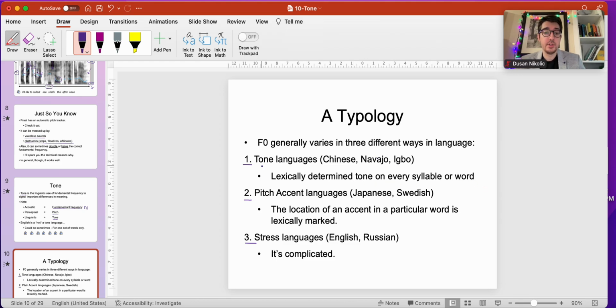So most of the tone languages have words such as horse, mother, hemp, or brother, or any other word. And each word in, for example, Chinese will have a specific tone. And not only each word, each syllable will likely have a specific tone.